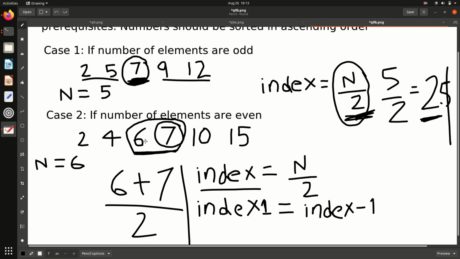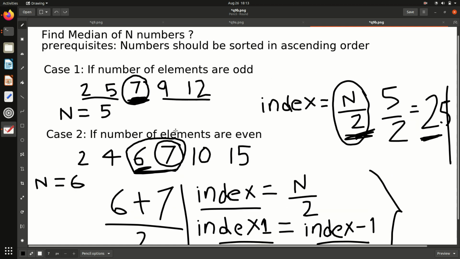Now we want this number, which will be index 1 equal to index minus 1. So we get both indices: index equals n by 2 and index 1 equals index minus 1. Once we have both indices, we just get the values at those indices and take the average, and you will get the median.